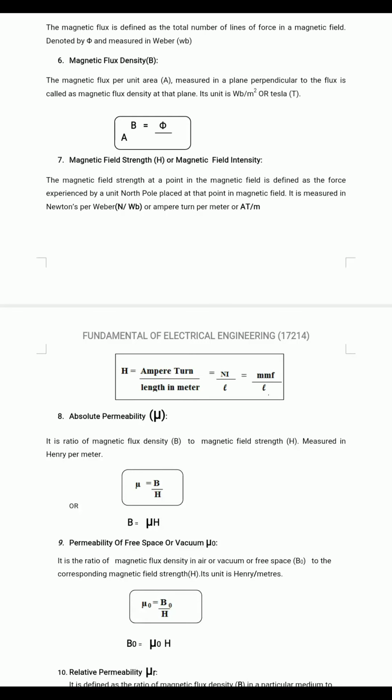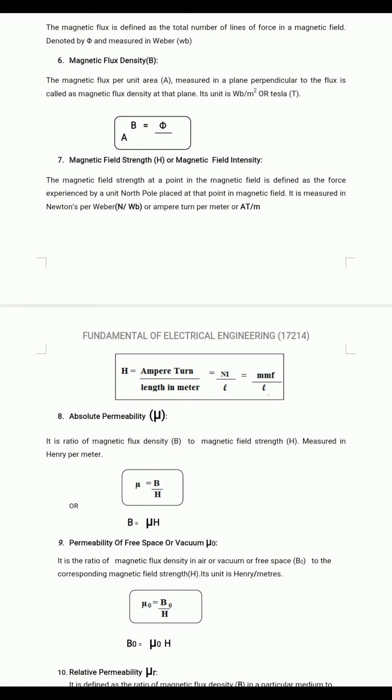Permeability of free space or vacuum. As we are saying absolute permeability, related with the absolute permeability there should be a permeability of free space, that means mu zero. Here this mu contains two parts, that is mu zero and mu r. As we have seen in electrical circuit, there is epsilon zero and epsilon r.